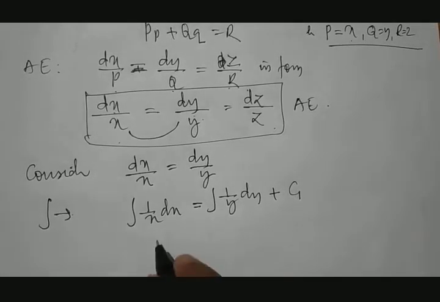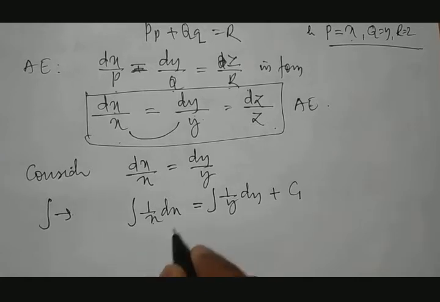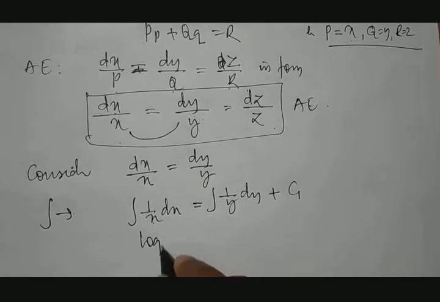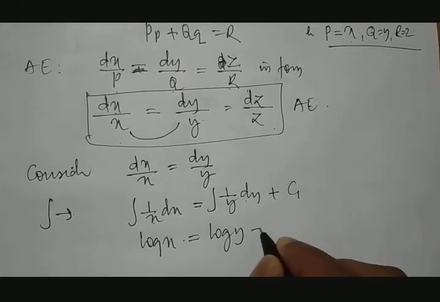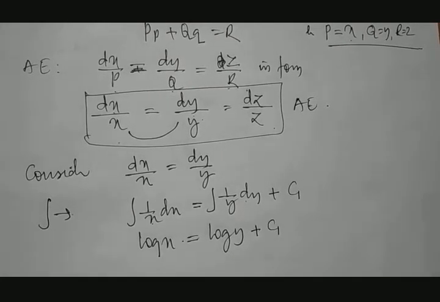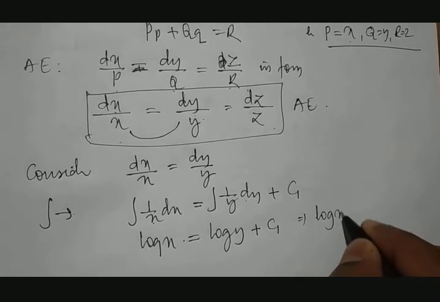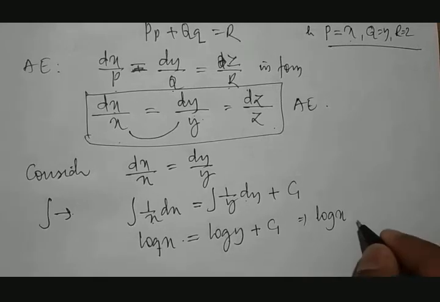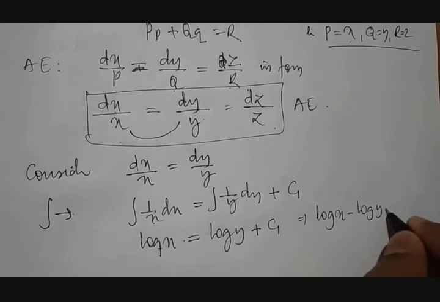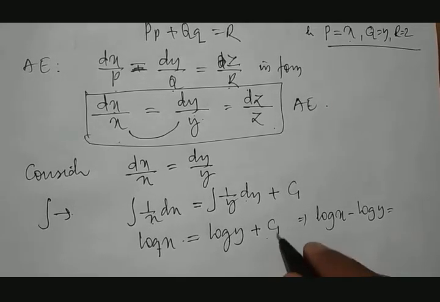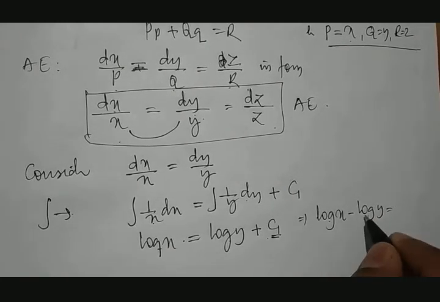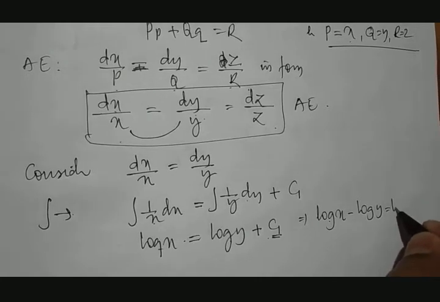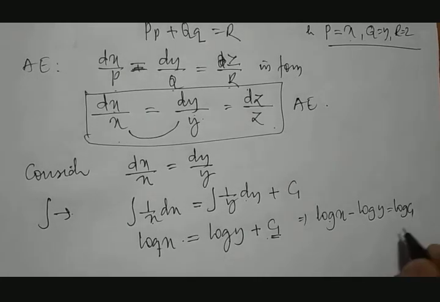Fine. Therefore, what is the integration of 1 divided by x dx? That is log x equal to log y plus c1. Therefore, I'll take this log y to the other end. It becomes log x minus log y is equal to c1. Anyhow, c1 is a constant. Since everything is in terms of logarithm, this c1 will also be taken as log c1.